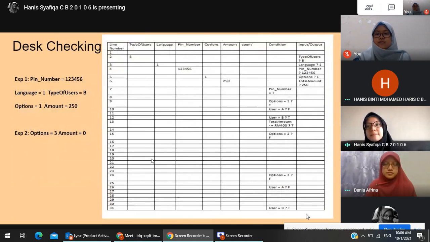Okay, for the test checking, we have two test data. Example 1 is, first of all, the user needs to enter what type of user, which is 1, and for the pin number, the user needs to enter the pin number, enter the option, and enter the amount.